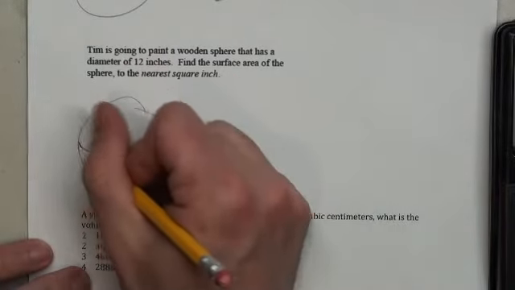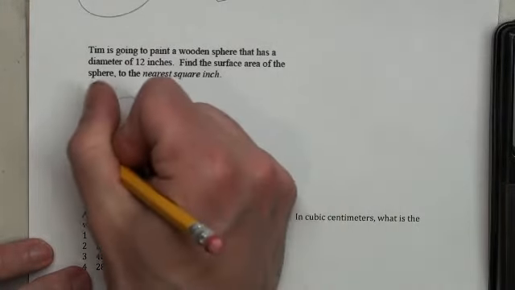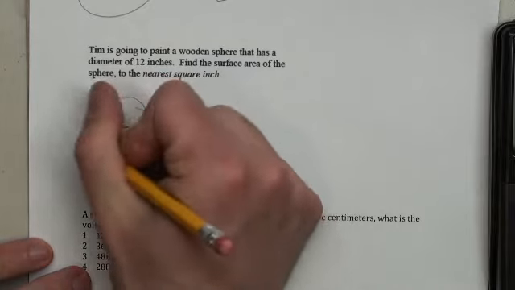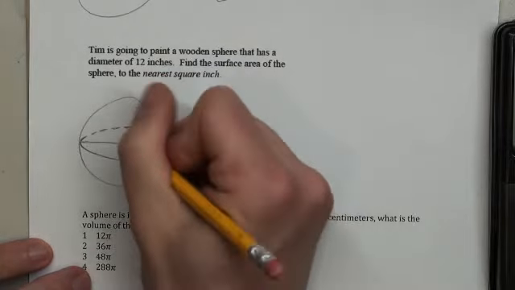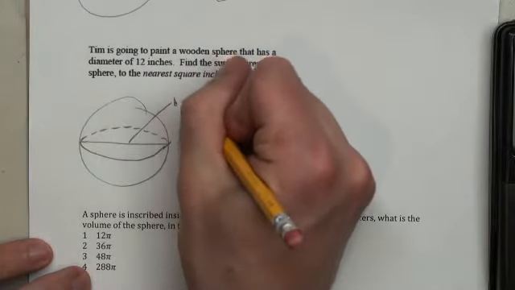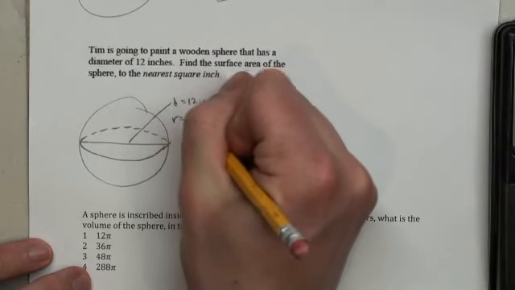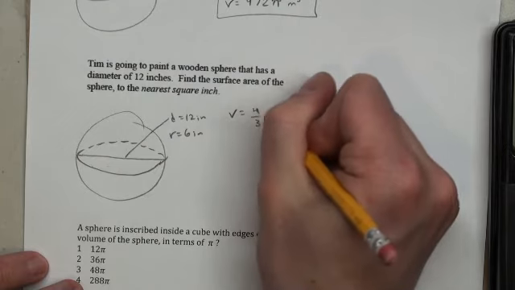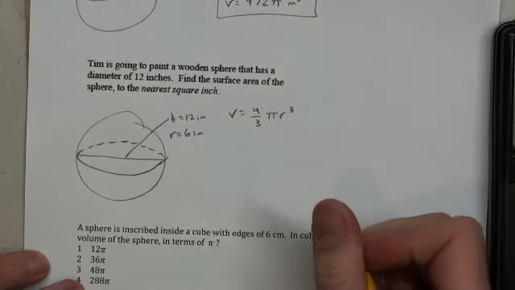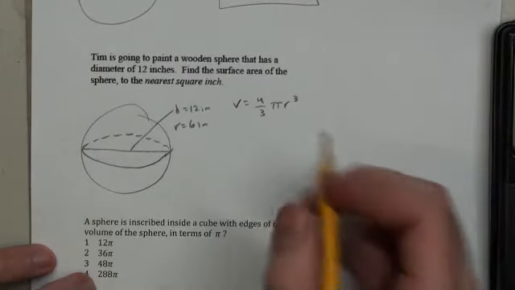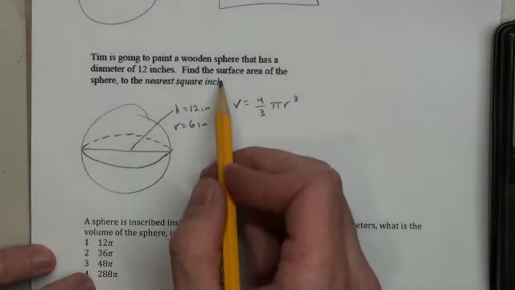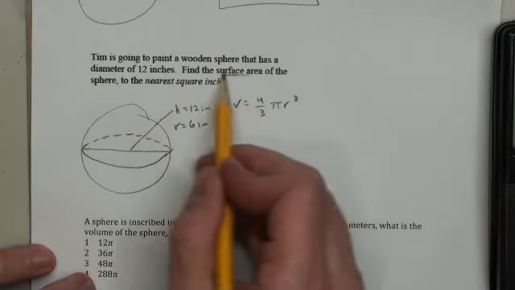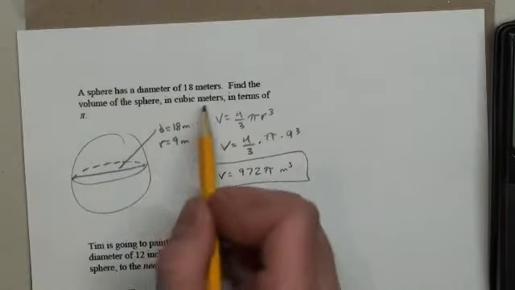Another one of these problems. Man, they love to give you these problems, huh? You better know how to do this one because these are all Regents problems. Diameter is 12 inches, so the radius is 6 inches. The volume is 4/3 pi r cubed. Let me just look at this. Surface area. This one was volume.